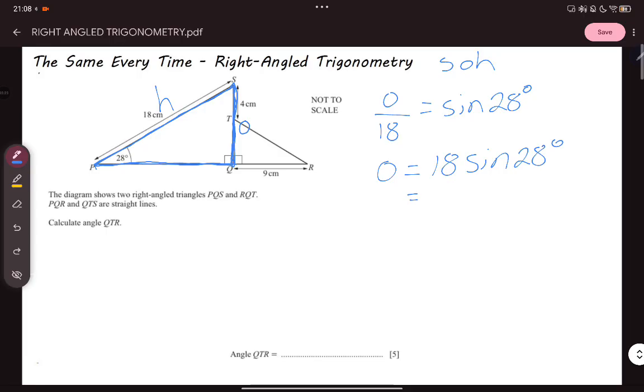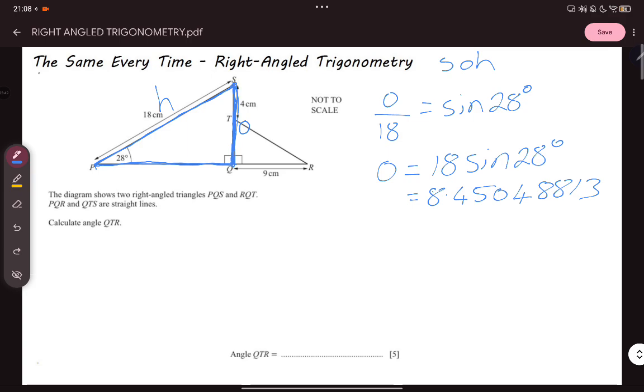Calculate a job, 18 times sine 28 gives me 8.4504813. So that's the entire distance from S to Q. From S to Q, the whole thing, the whole distance there.